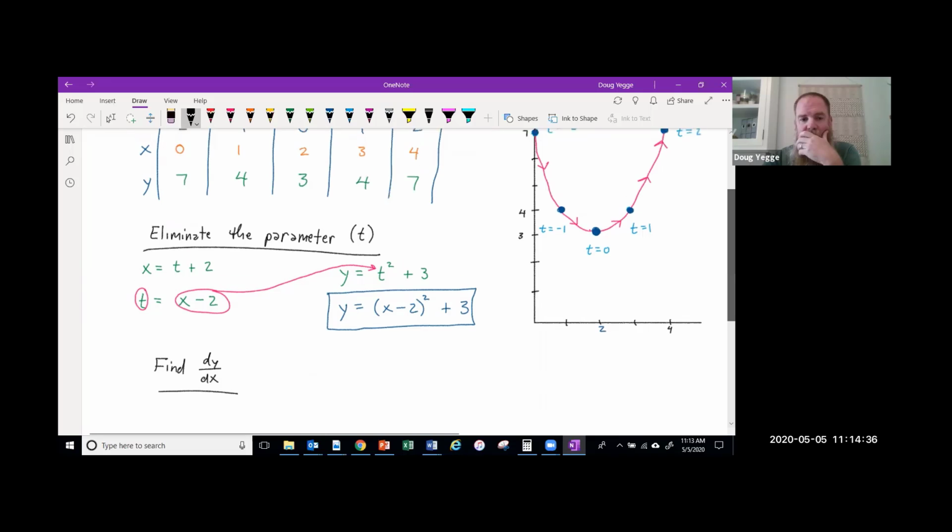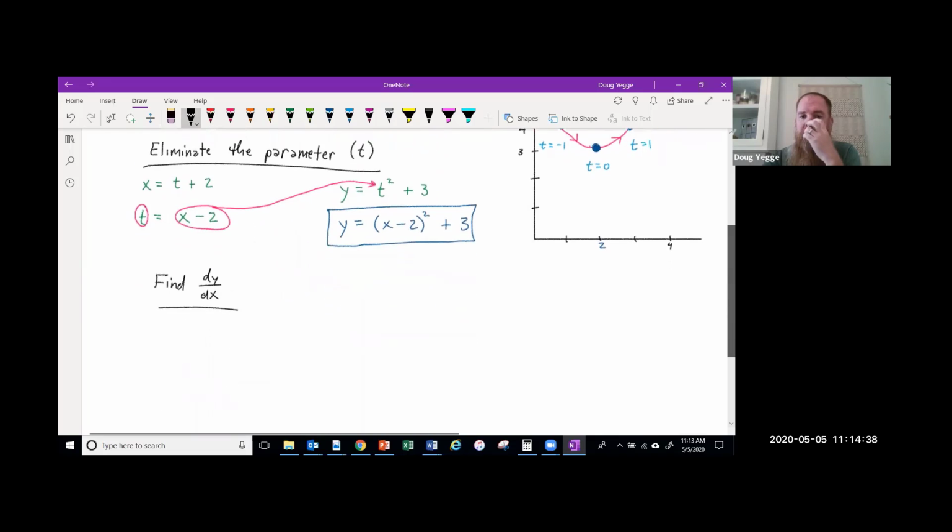We're told that in order to find dy dx, all we need to do is find the derivative of y with respect to t and divide by the derivative of x with respect to t.